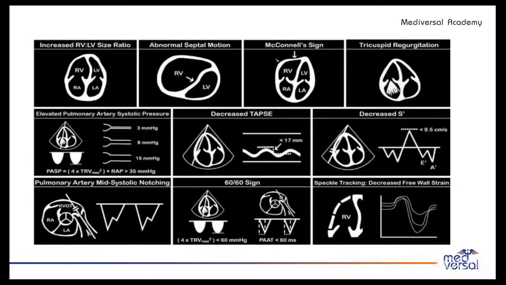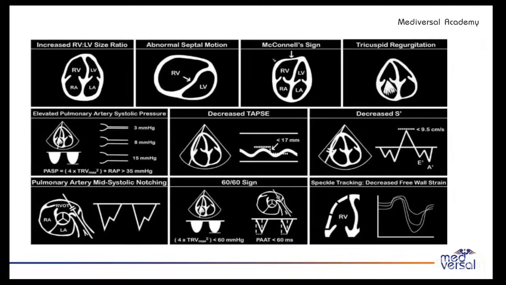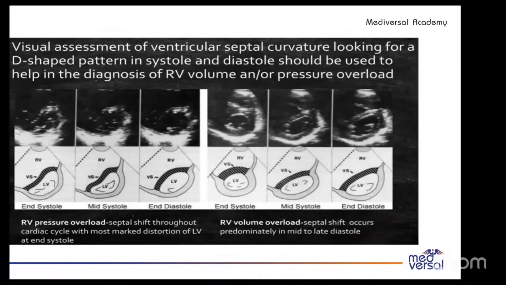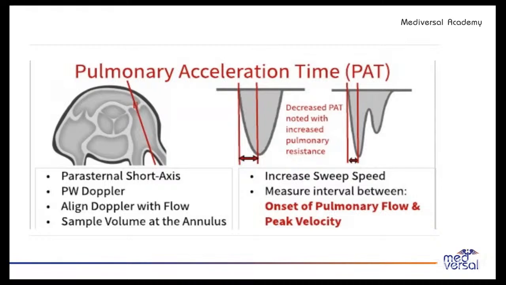Sometimes we may not get tricuspid regurgitation to measure TR Vmax. Then you can go to the short axis view at the level of the aortic valve, place a pulse wave Doppler over the pulmonary valve, and measure pulmonary acceleration time.